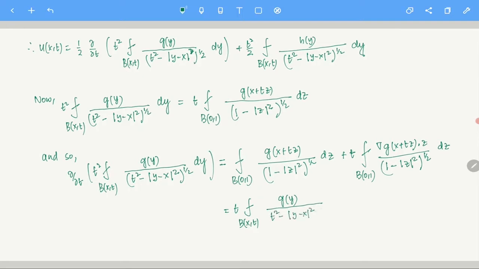So I will just write it together properly: t times the integral over B(x,t) of gradient of g(y) dot y minus x by t square minus |y minus x| square whole power half dy. You just put everything together in terms of y and x.